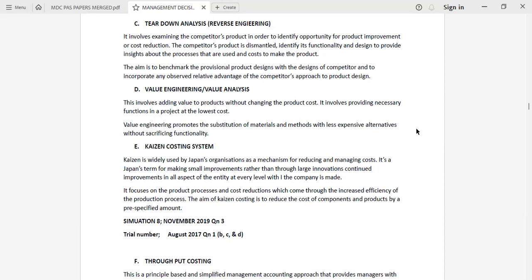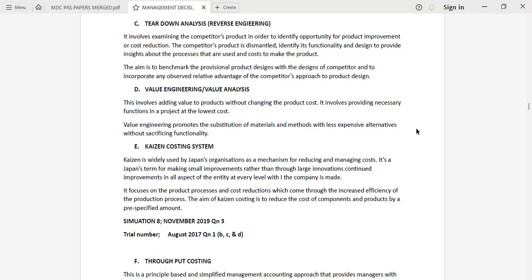So the competitors, how is this going to be done? The competitor's product is dismantled, and we identify its functionality and design to provide insights about the processes that are used and the costs to make that same product.